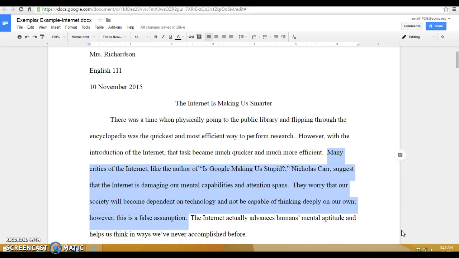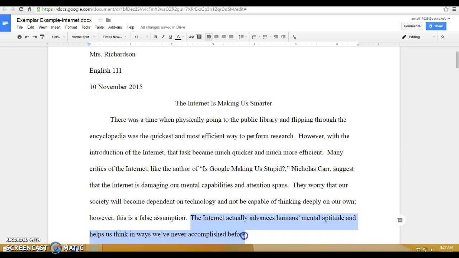However, this is a false assumption. So here the writer is giving you some background information about the argument that's at hand. The writer's saying, look, Nicholas Carr and these other critics, they're scared of the internet. They think that it might be dumbing down society or causing us to think in different ways that may become detrimental in the future. That's what she's doing there.